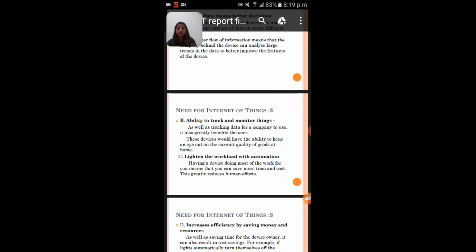If we add a sensor to the device, it would be more helpful. It would give us better information, so that we can use it in a better way, and we will know more about the device.